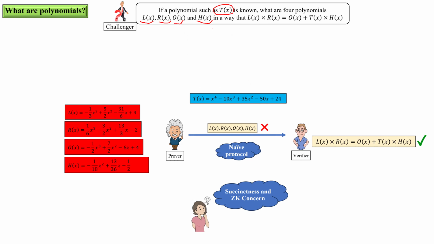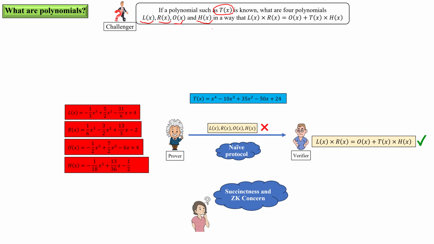The other issue, which is more important, is zero knowledge, because the prover knows these four polynomials, but the prover doesn't want to share this knowledge with the verifier.